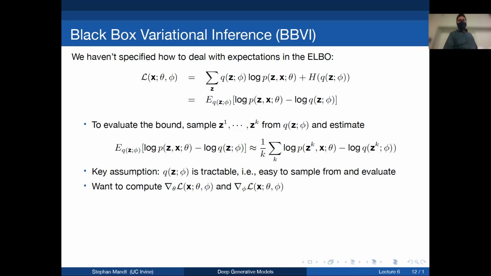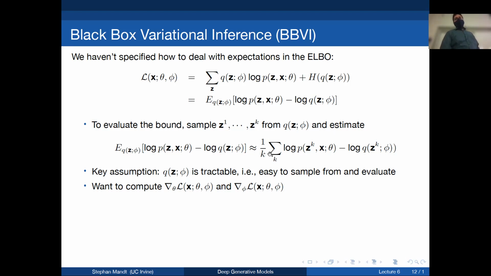But now we get to the next challenge. We've just learned how to evaluate this evidence lower bound. How do we optimize it? Any ideas? Yes, it's basically the same idea.